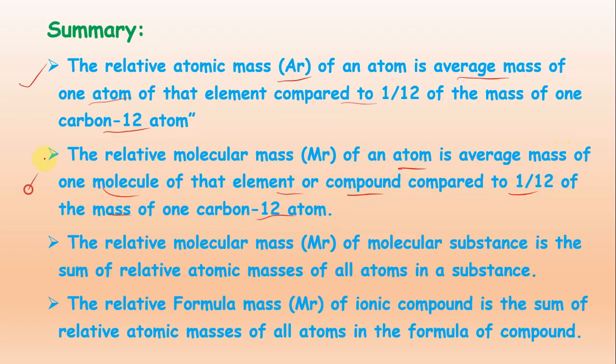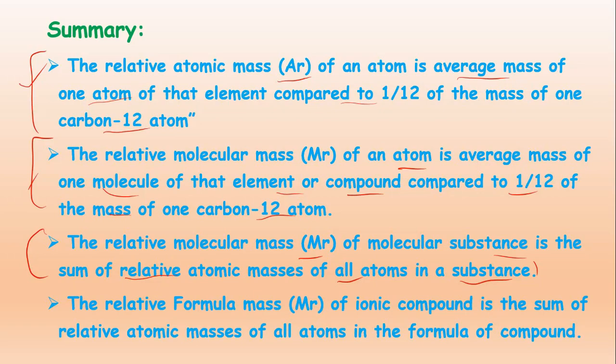This is the definition related to Mr. Now relative molecular mass, Mr, of a molecular substance is the sum of the relative atomic masses of all the atoms in a substance. You just have to add all the atomic masses of the atoms in a molecule, and then we will get the total Mr of the compound.